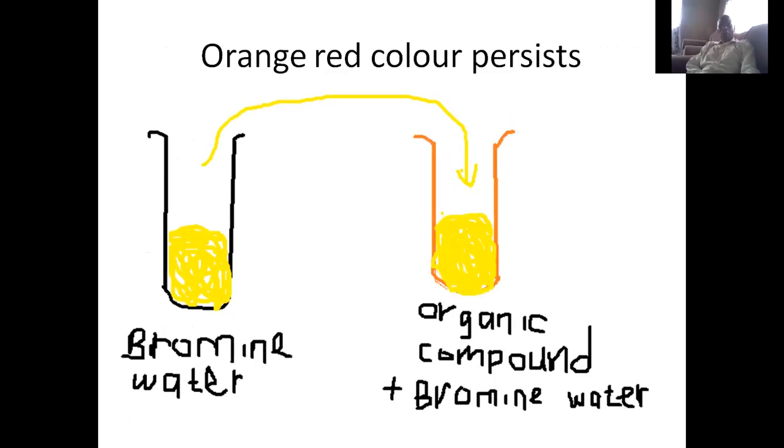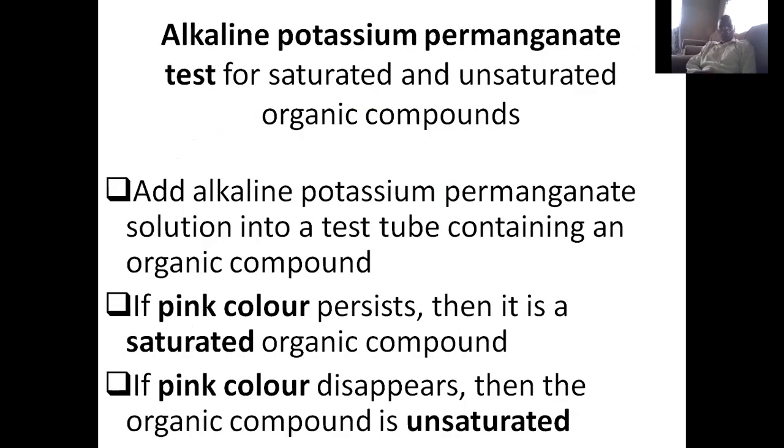Now we look at the second method of determining whether an organic compound is saturated or unsaturated. We can use the alkaline potassium permanganate test.